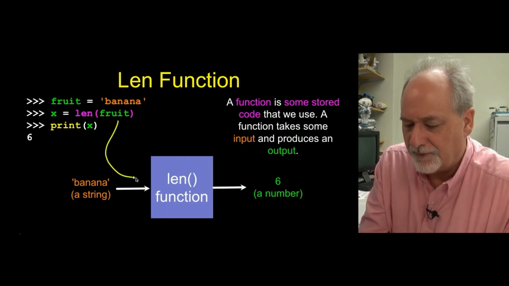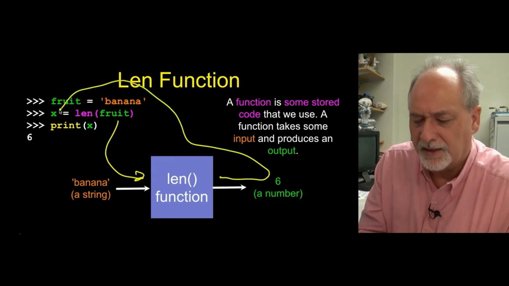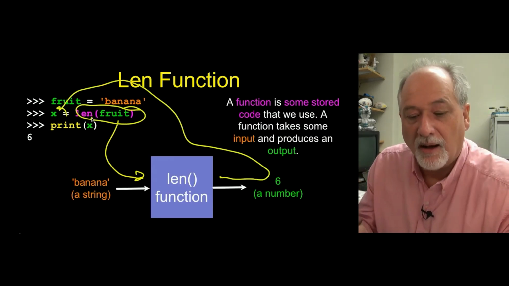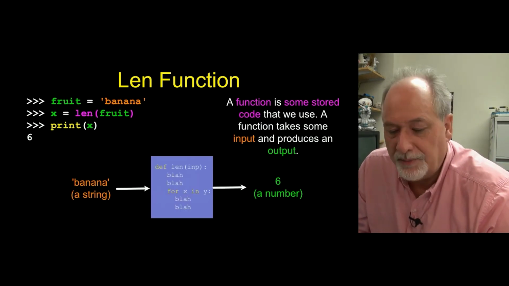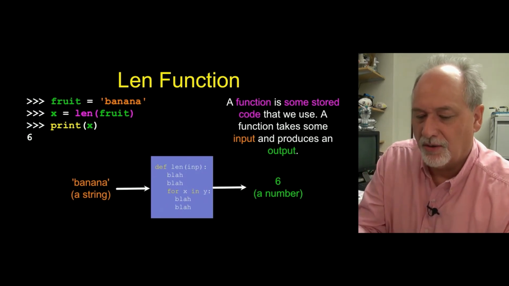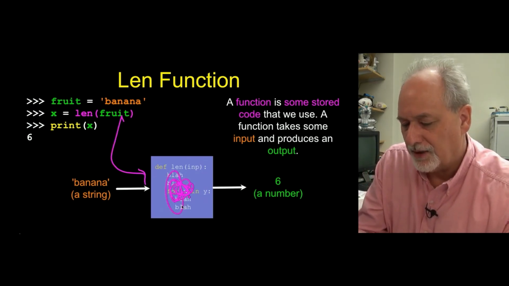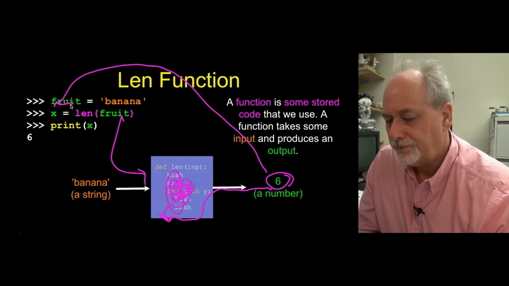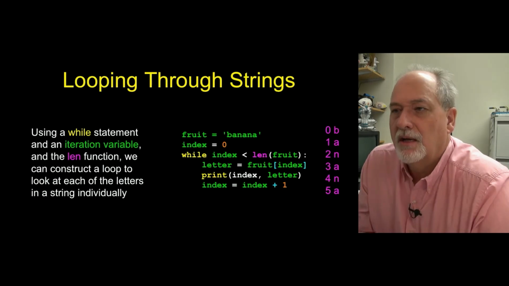You pass in a parameter, and then len does some work, and out comes 6, and that goes back into x because the function has a return value. It just happens to be a built-in function. Somewhere deep inside Python, there is code that somebody wrote, a loop or a lookup, that returned a value and sent back a 6 to go into our x variable. So a function is there, and like I said, we've been using this for a while.